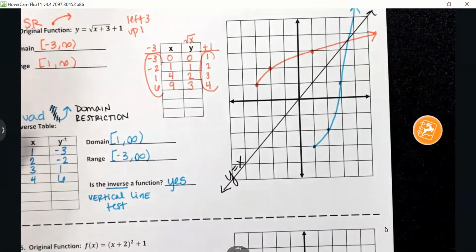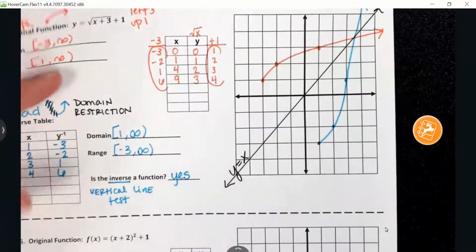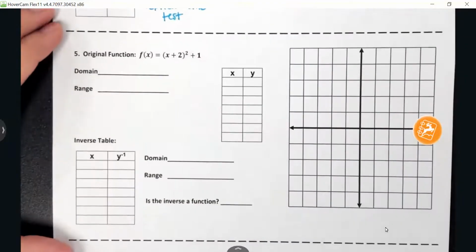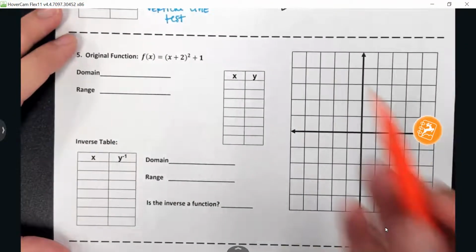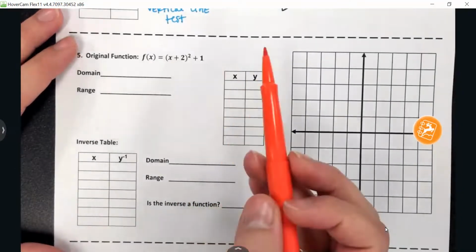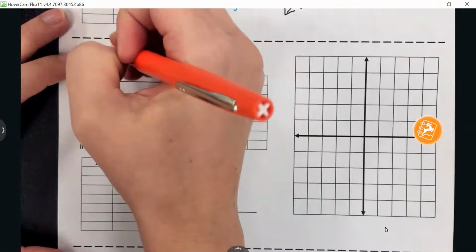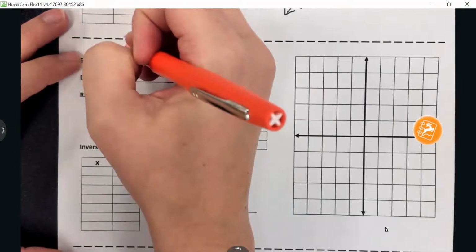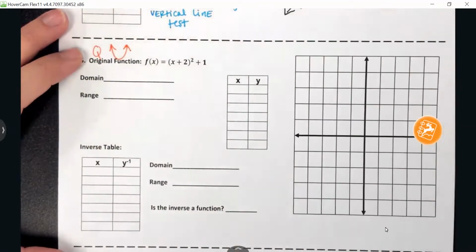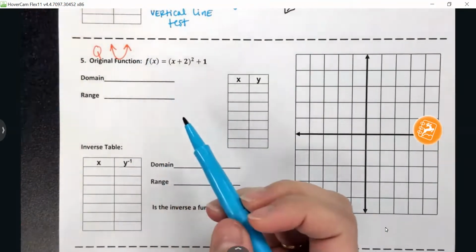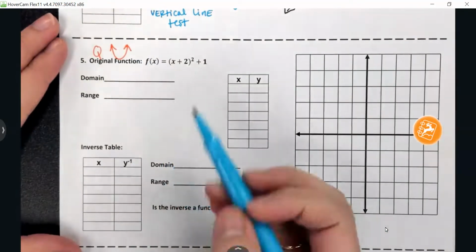Okay, we're gonna go do one more problem. So let's go do number 5. Number 5, what type of graph does number 5 start as? A quadratic. I'm gonna write a Q and I'm gonna draw a parabola. If I start as a quadratic, what do I have to turn into?